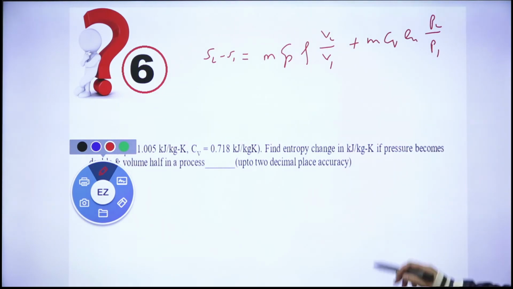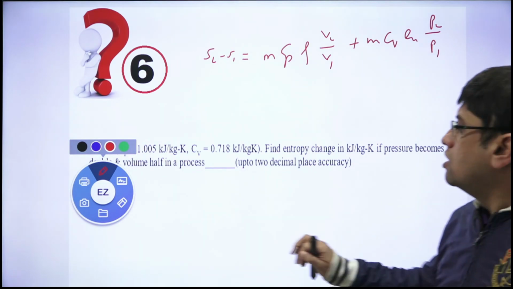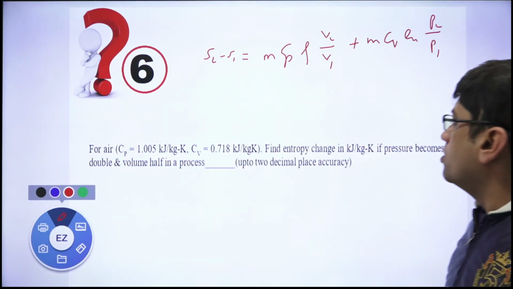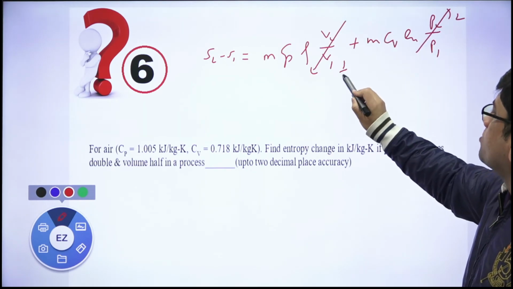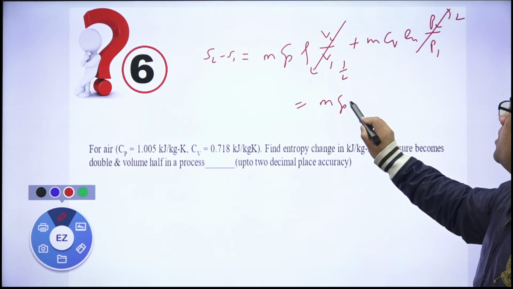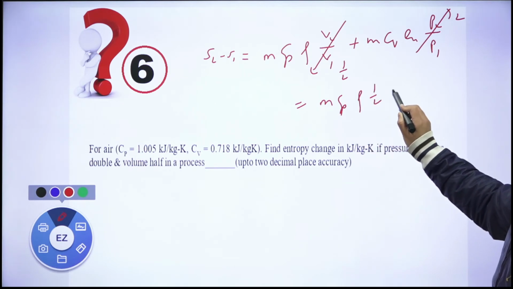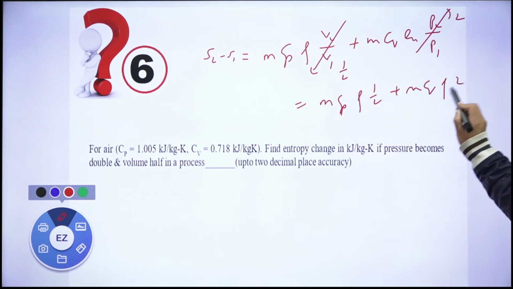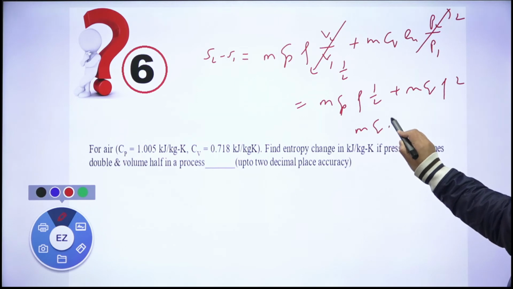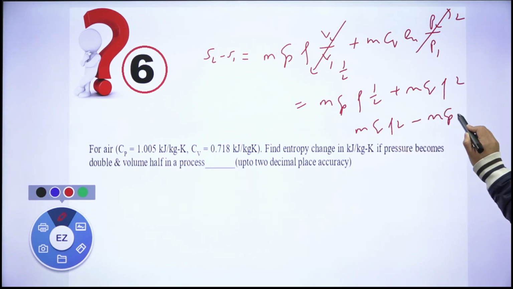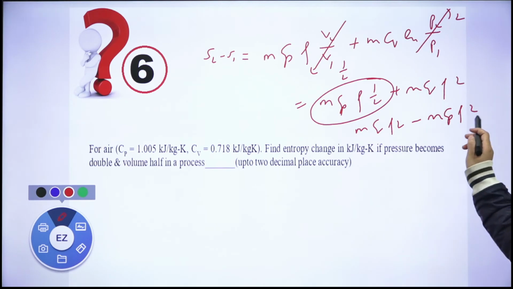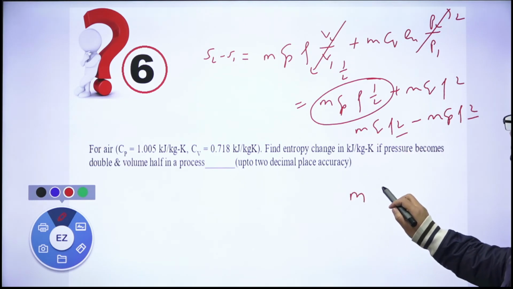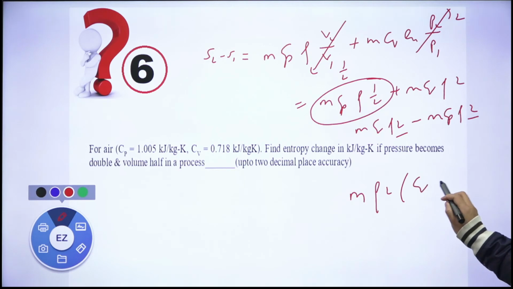Now what does he say? Pressure becomes double, so this is 2. Volume becomes half, so this is 1 by 2. So this is mCp log of 1 by 2 plus mCv log of 2. I can write it as mCv log of 2 minus mCp log of 2. Taking m and log of 2 common, we get Cv minus Cp.